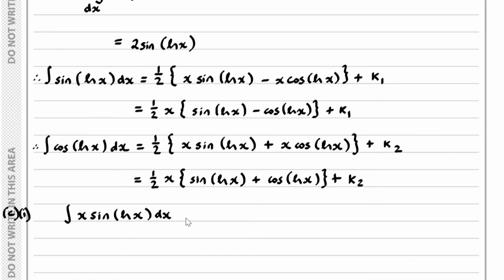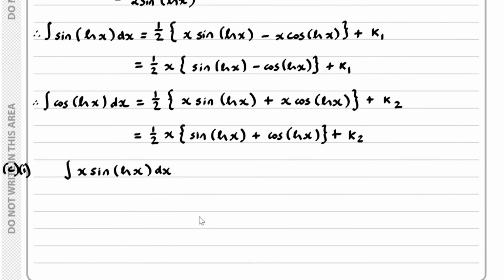Now, the first thing we can do is use integration by parts. And if we were to use integration by parts, u is equal to x, u dash is equal to 1, v dash, that's equal to the sine of the natural log of x. Now, integrating the sine of the natural log of x we've already worked out before. So we can find out what v is.